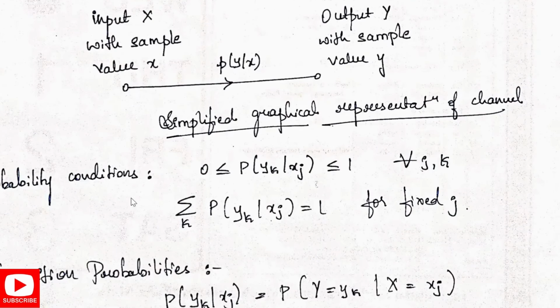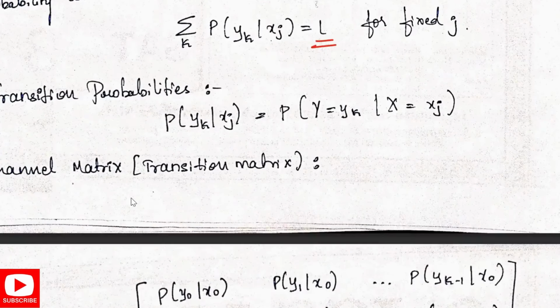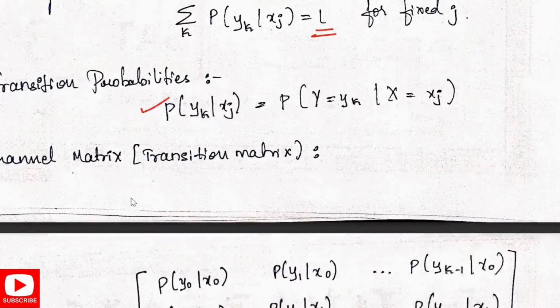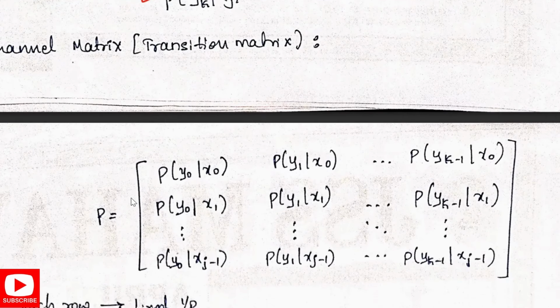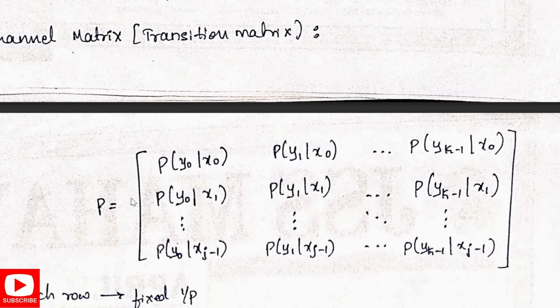Probabilities should lie between 0 and 1, and the summation of all the probabilities should be equal to 1. Transition probability, this is the formula, and the channel matrix. Here the transition matrix is important. It is written as p(y0|x0), p(y1|x0), up to p(yK minus 1|x0), and so on.